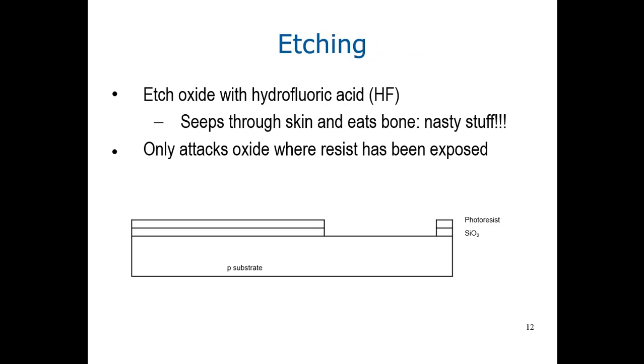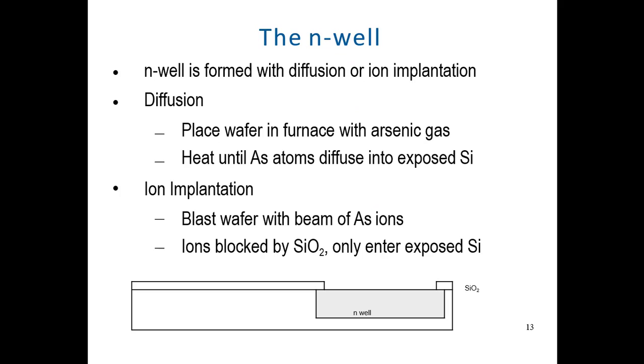After that you do something called etching, and you use an acid to clean things up. It only will take off the structure where it is exposed. Then the N-well is formed by diffusion. This is a separate process.